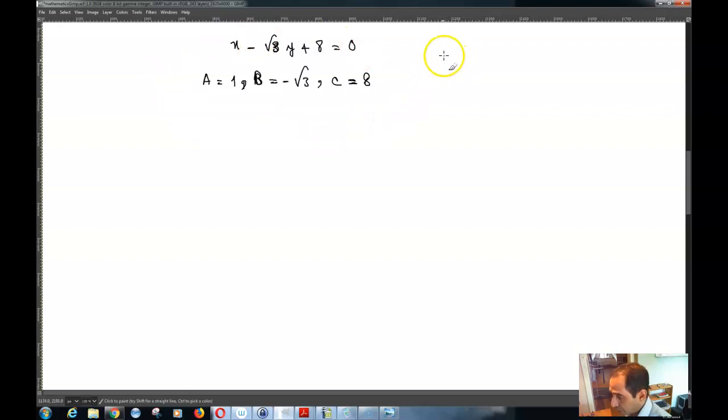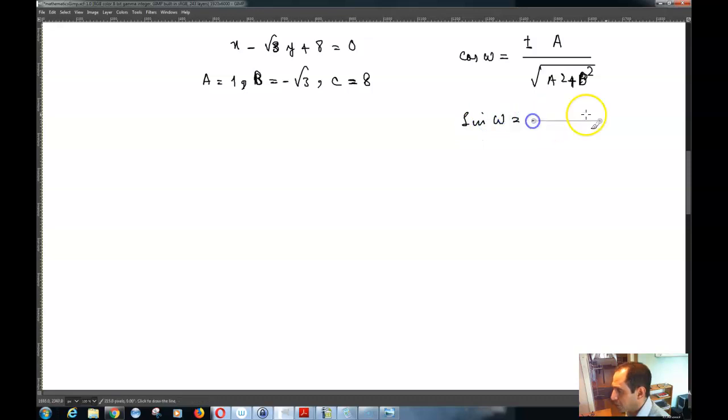And we said that cos omega is equal to plus or minus a over the square root of a squared plus b squared, sine omega is equal to plus or minus b over the square root of a squared plus b squared, and p is equal to plus or minus c over the square root of a squared plus b squared.